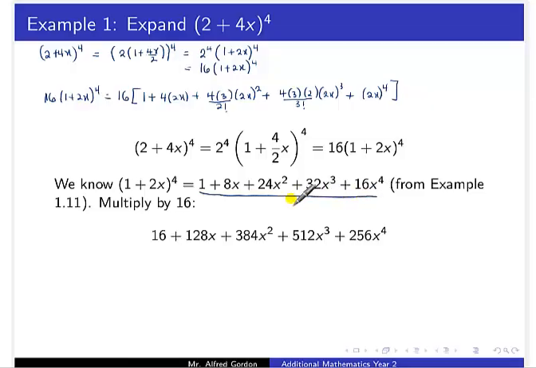From there, we now multiply each of the terms by 16. So you will have 16 multiplying 1 plus 8x plus 24x squared plus 32x cubed plus 16x to the power 4. And after multiplying, we have the expression 2 plus 4x all to the power 4 equal to that.